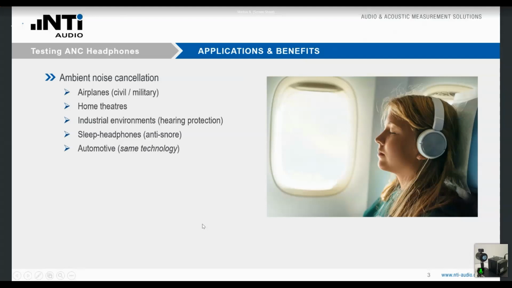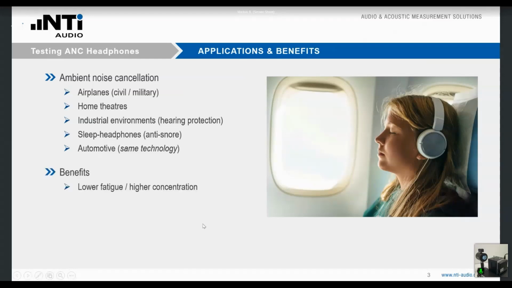Another related application, even if you're not wearing a headphone in that moment, is the automotive market. Here the car manufacturers try to provide as smooth and as undisturbed an environment in the cabin to you, with means that are based on the same technology as used in ANC headphones.